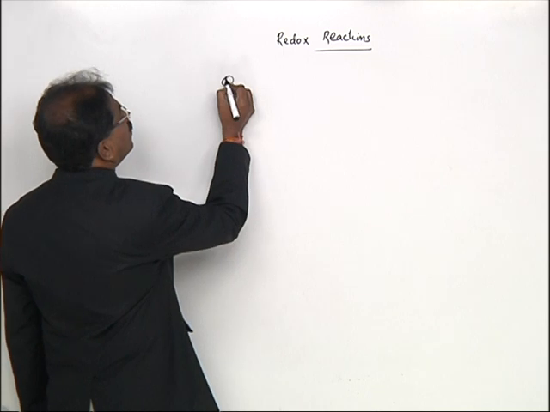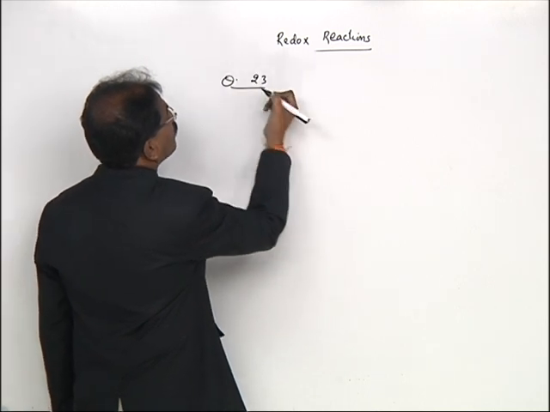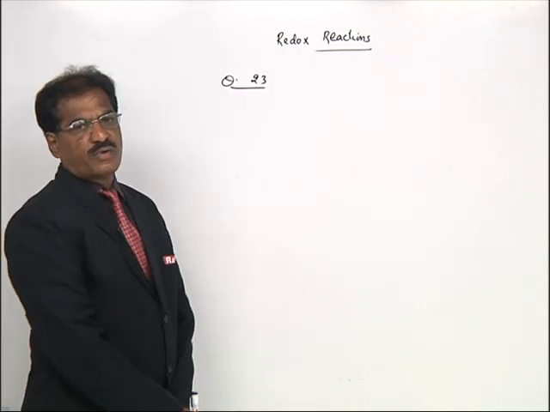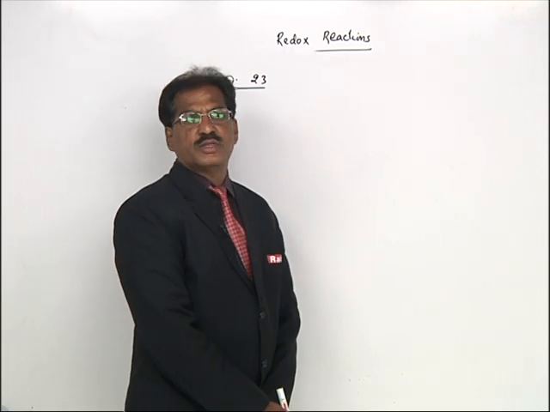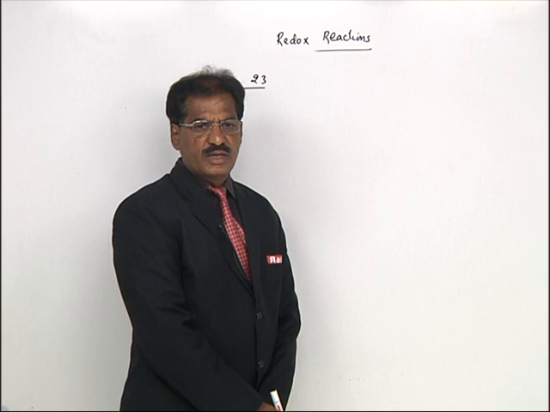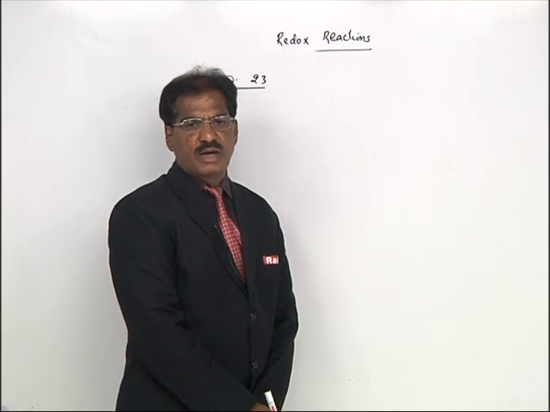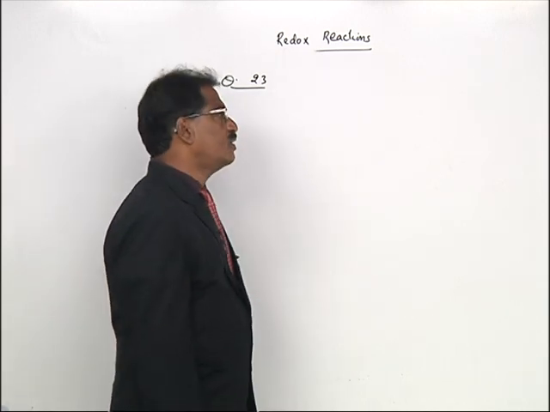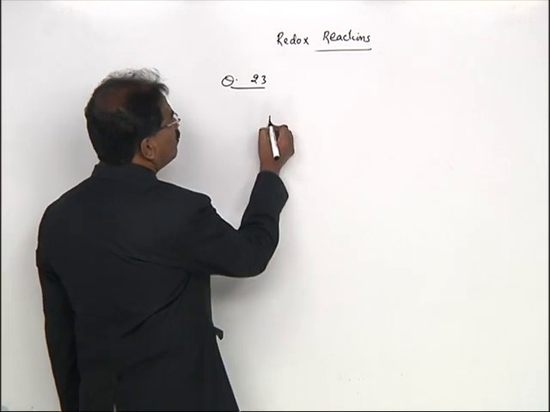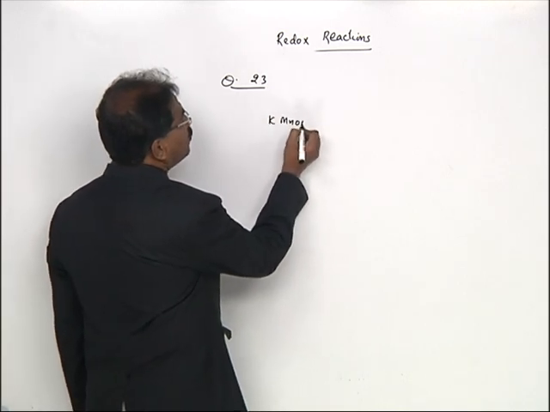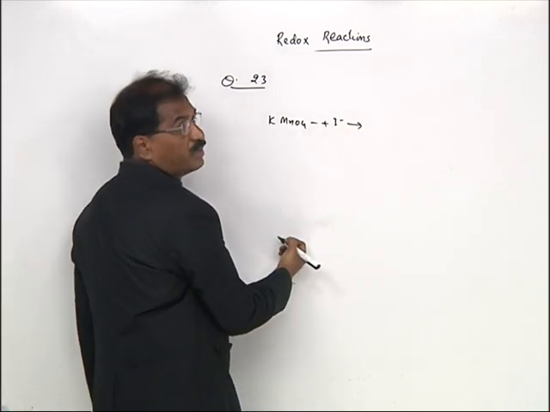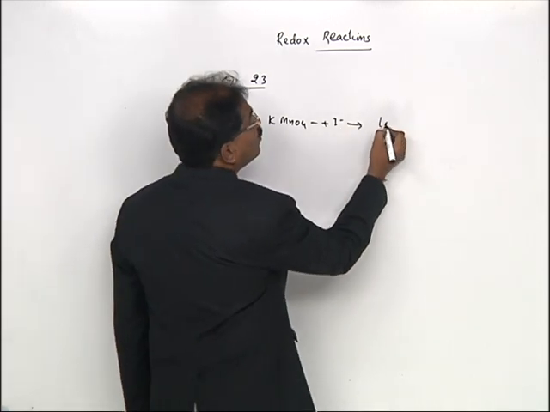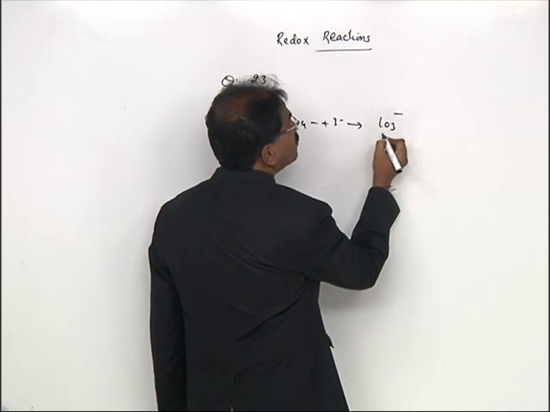Next, question number 23. The product of oxidation of I- with MnO4- in alkaline medium. Here it is a theoretical question. You have to remember that whenever KMnO4 reacts with I-, this I- will be oxidized into IO3-, iodate.